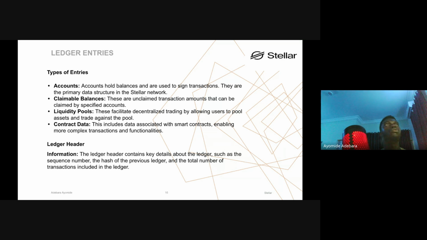So just to make it clear, I am going to draw something. I'll stop presenting. Give me a second. I'm going to draw something on the screen to explain what a multi-sig is.